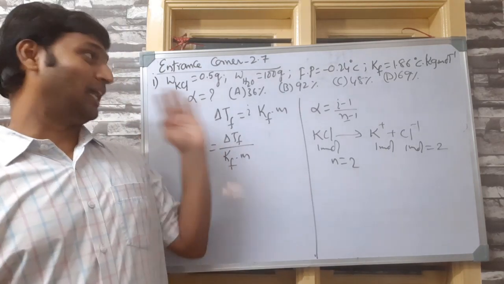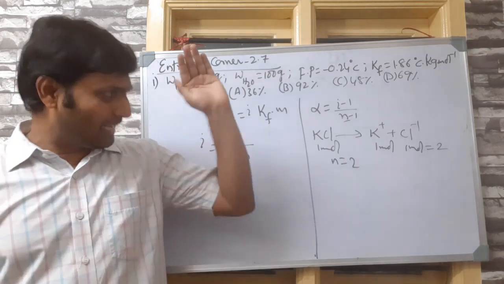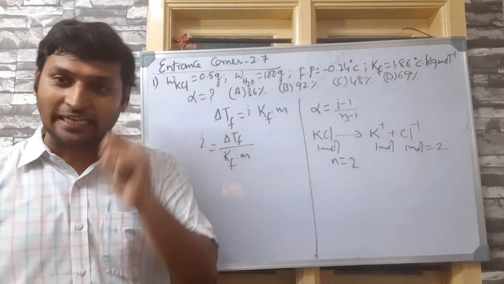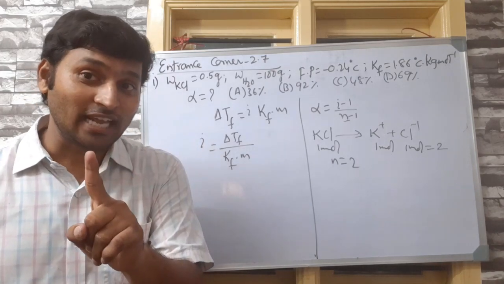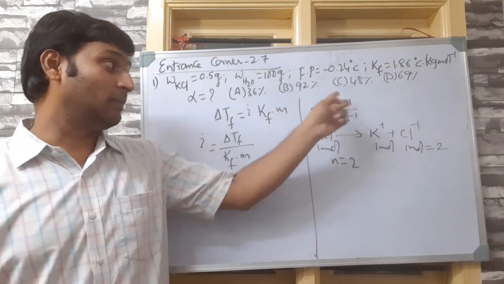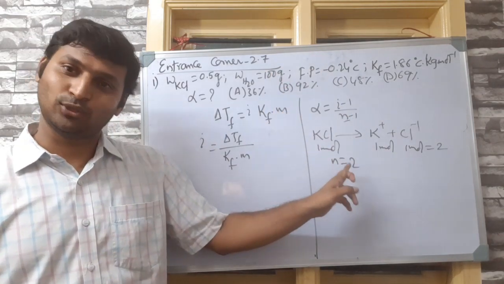Because you know potassium chloride is a salt. Salts are strong electrolytes. At a given concentration, because of interionic interactions, the dissociation may not be 100%. If dissociation were 100%, how much will be the I value? 2. And how much is the N value? 2.